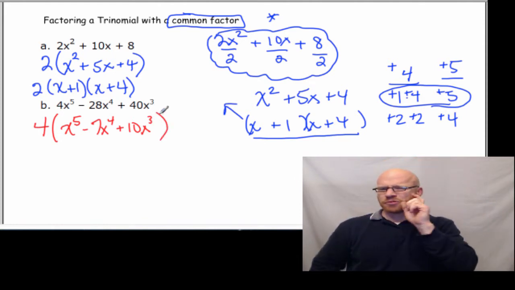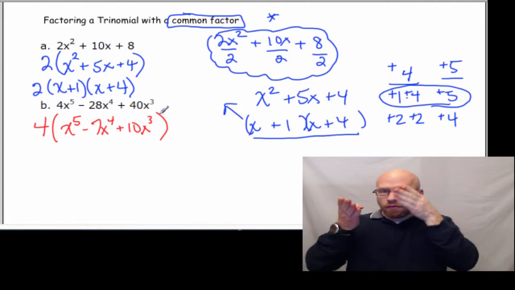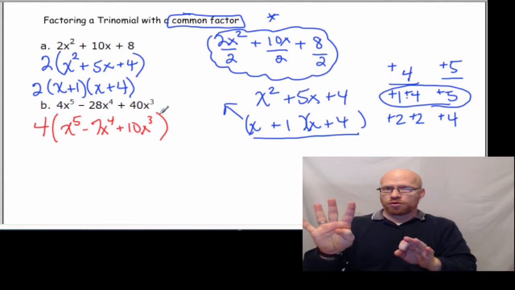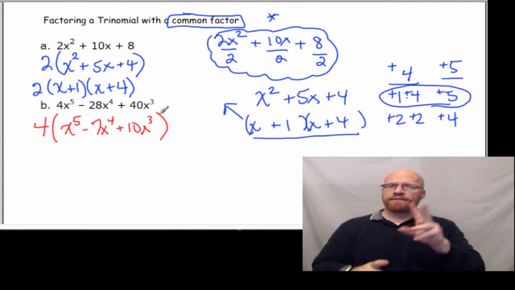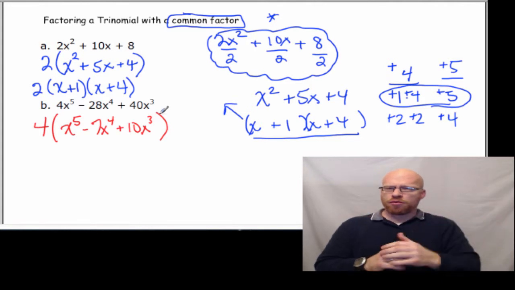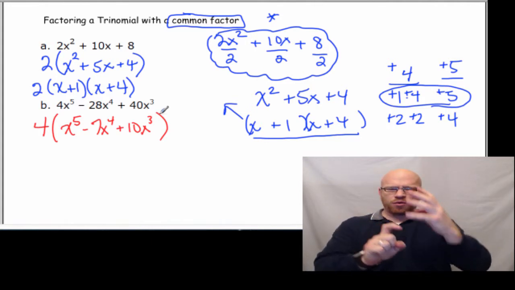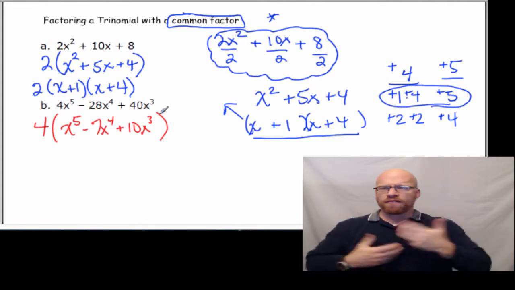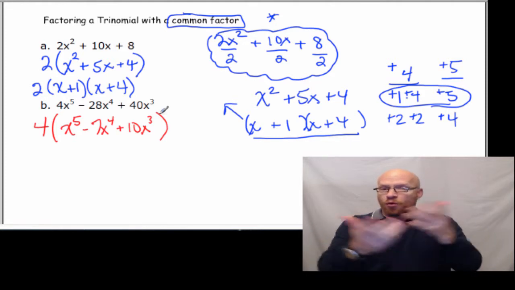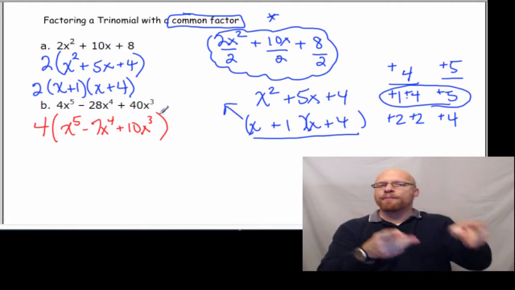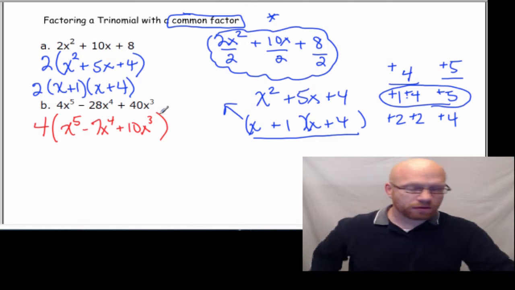As I'm looking at it, I'm thinking, wait a minute, there's something else in common. I looked at my coefficients, but I ignored my variable. Now, variables can be in common too. I have x to the fifth, x to the fourth, and x to the third. Looking at the lowest power, I know they all have an x cubed. I can divide that out too.